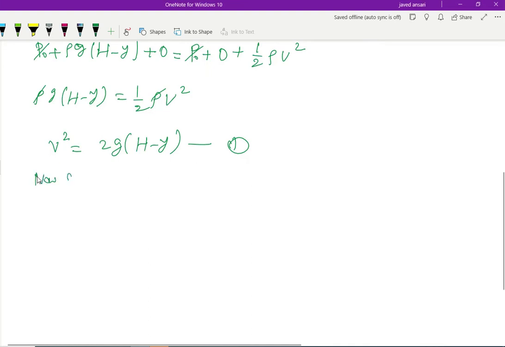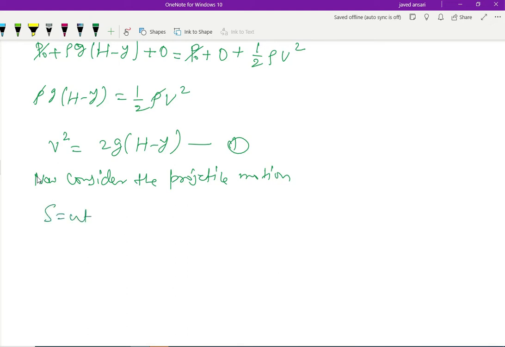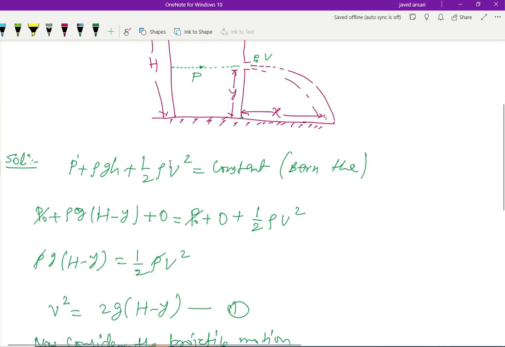Now consider the projectile motion. We know in kinematics, S equal to ut plus half at square, for the vertical motion of a water particle. What is S? S is the distance it is covering vertically, so it will cover a distance of y, in time, let's say, t.